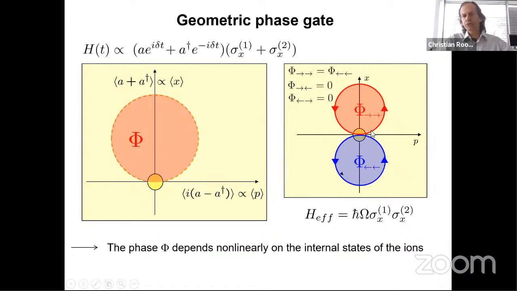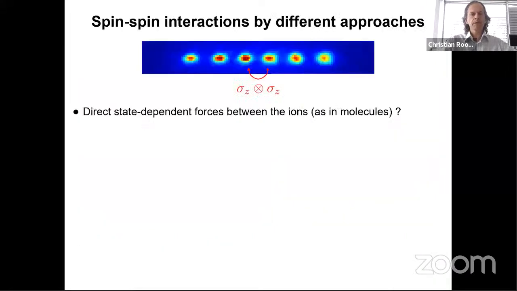So you can afford to have excursions in phase space which intermittently are large, if you stop the operation at the time when all the parts of your superposition return to the original state, which happens at a time which is the inverse of the detuning that you have chosen from the intermediate state. And in this way, you can then have spin interactions between either a pair of ions or between many ions.